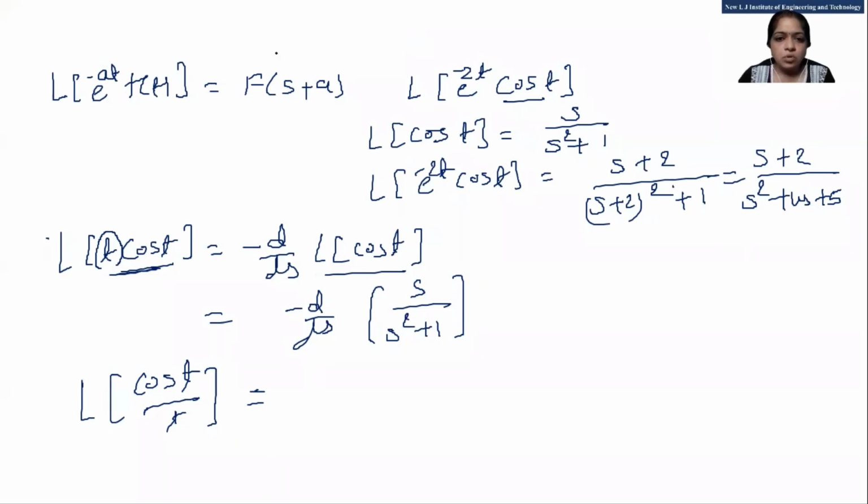Very good, many students are giving answers in the chat box. Integration is the right answer, but my question is, what is the limit of the integration? S to infinity. Yes, very good. Thank you, all of you. So our limits are s to infinity, and here Laplace of cos t.